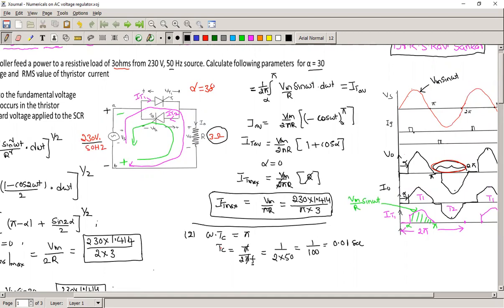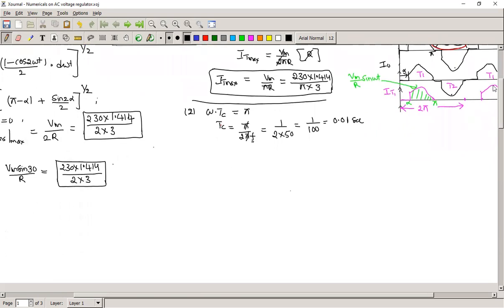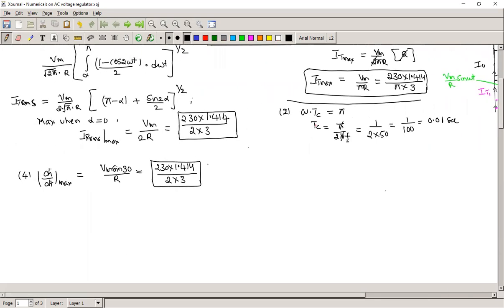So the maximum voltage occurs at angle 30. Once the SCR is on, the voltage across the SCR becomes 0. So the maximum voltage across the SCR in the forward direction occurs at angle alpha. In this numerical, alpha is given as 30 degrees.